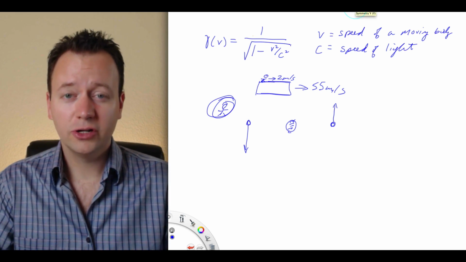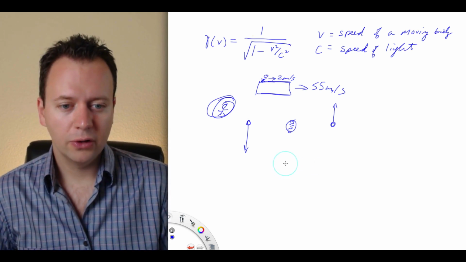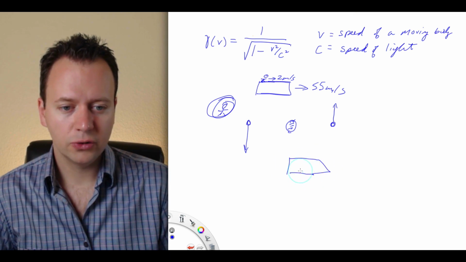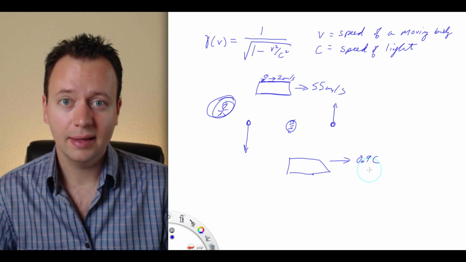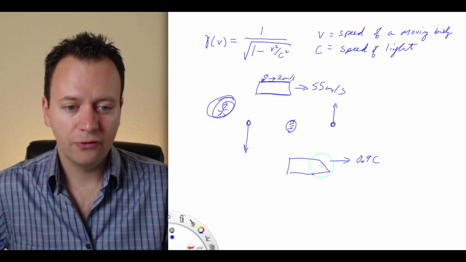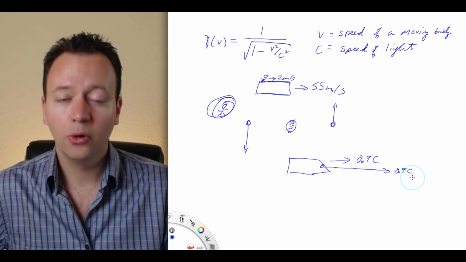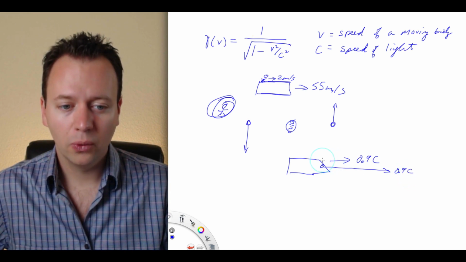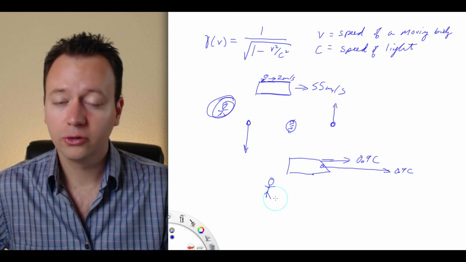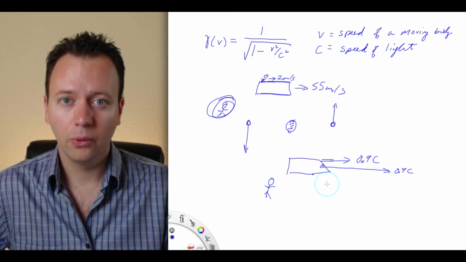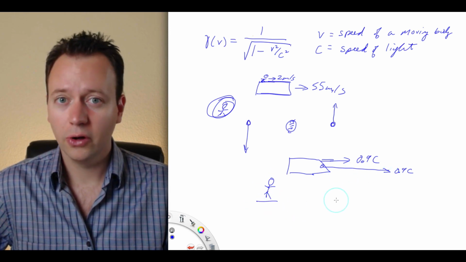Now the situation is very different when you're in a speeding spaceship. If you're in a spaceship that's traveling at 0.9 times the speed of light, and it shoots out a photon torpedo that's traveling at 0.9 times the speed of light relative to the spaceship, what speed would an observer on the ground see the torpedo going?